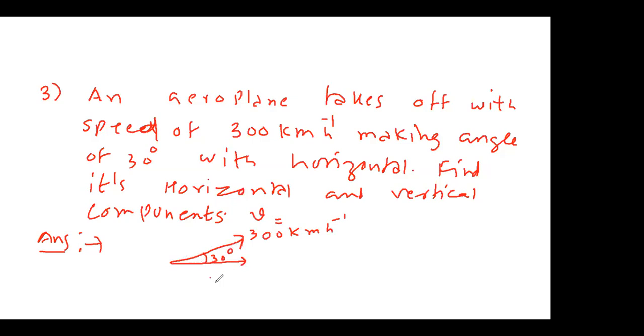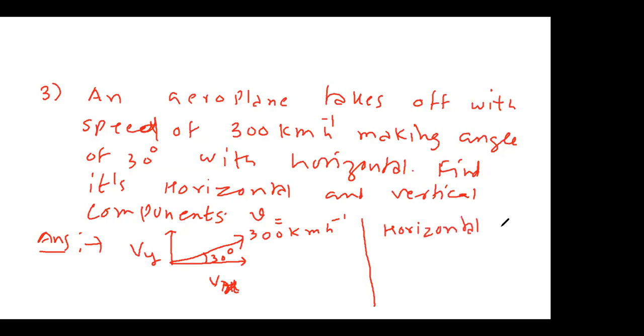This horizontal is the horizontal component Vx and this vertical is the vertical component Vy. Now I'm interested in the magnitude of horizontal and vertical component. Which one is theta's side? Vx. So it will be with cos or sine?